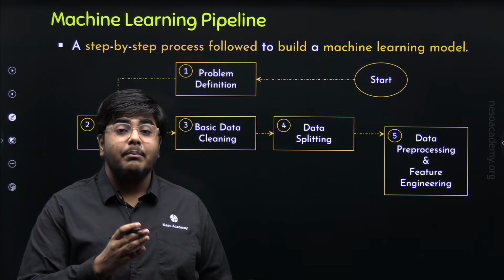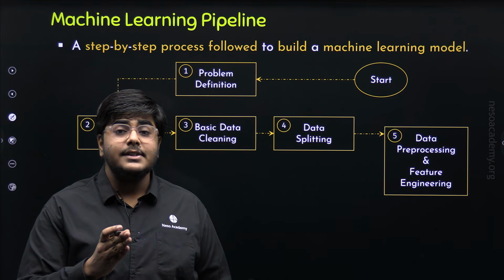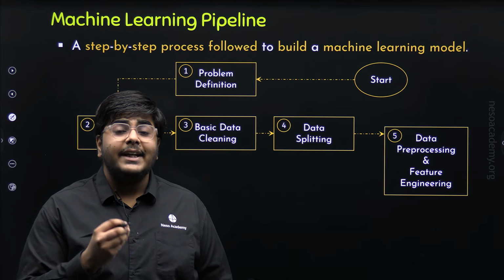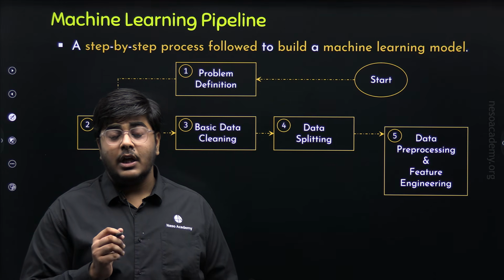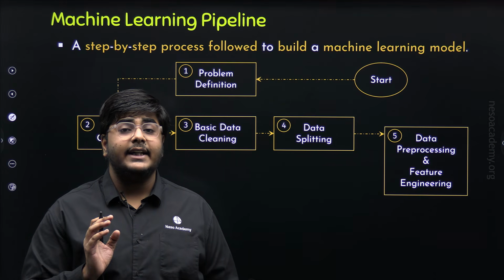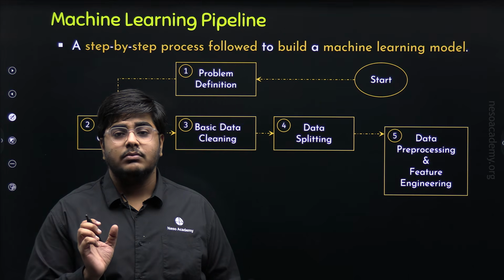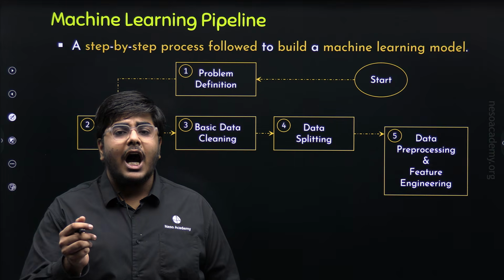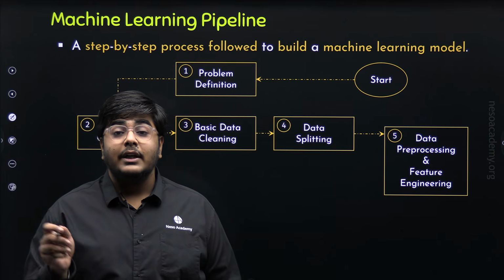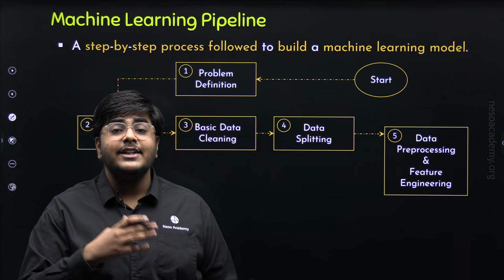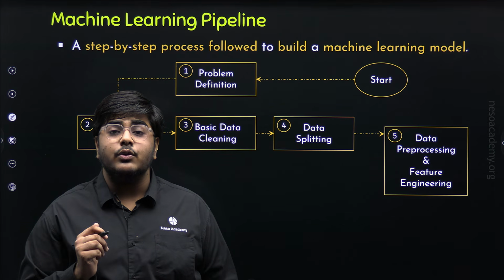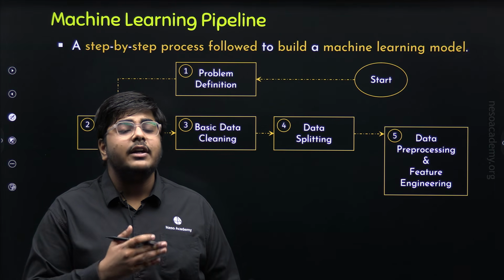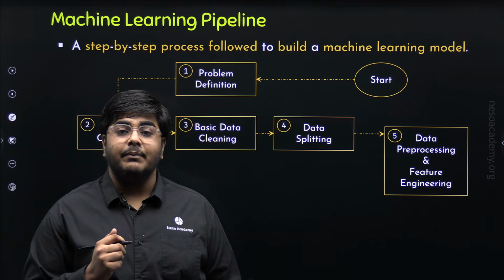For example, a machine learning algorithm understands numeric data better than textual data. Now, suppose there is a column in a data set known as location, which contains values like Chennai, Mumbai, Agra, and so on. Now, these textual values need to be converted into numerical values so that our machine learning algorithm can understand them.